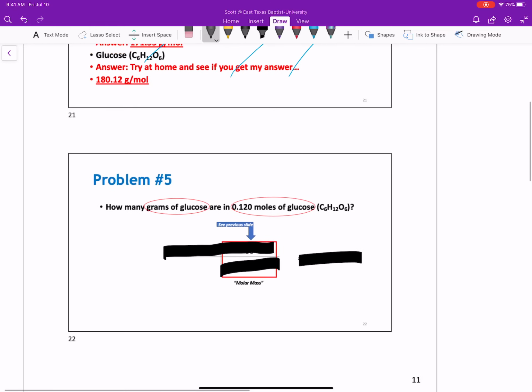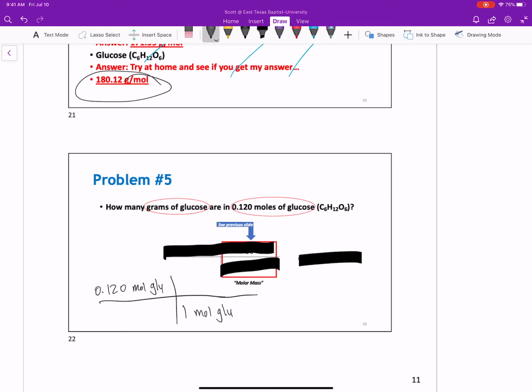So what we have here in problem 5 is: how many grams of glucose are in 1.20 moles of glucose? The way I've always learned it is to simply start with what's given, 0.120 moles of glucose, and then cancel out units. It's kind of foolproof. We know that 1 mole of glucose, and then you use the molar mass, which is found right there, is 180.12 grams of glucose.